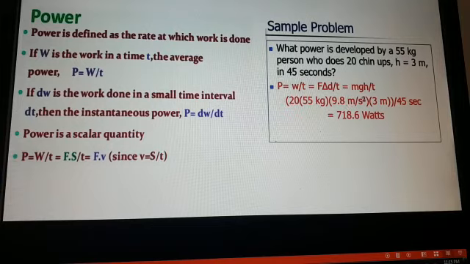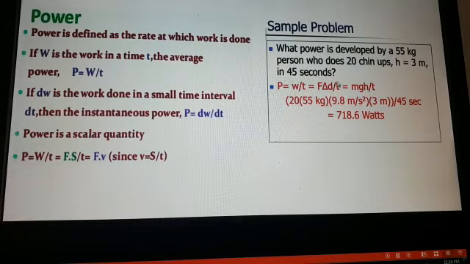This is mgh, gravitational potential energy. Work done divided by time 45 seconds, so we will get 718.6 watts.